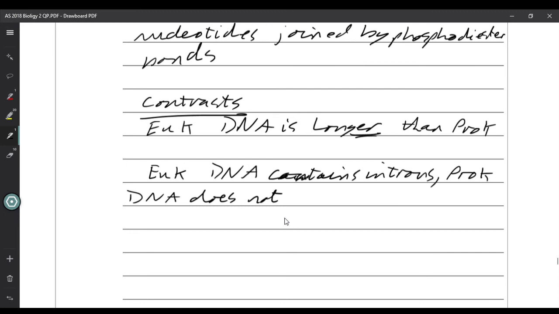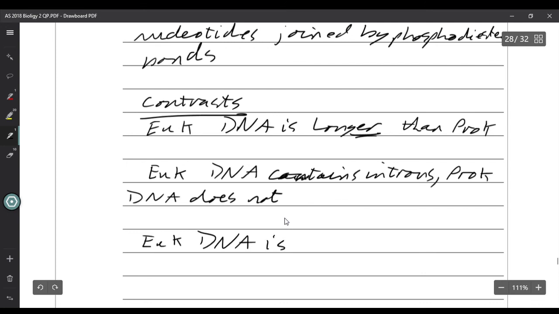Finally, we could say that eukaryotic DNA is linear. But once again, we've got to compare that with prokaryotic. So we can say the prokaryotic DNA is circular.